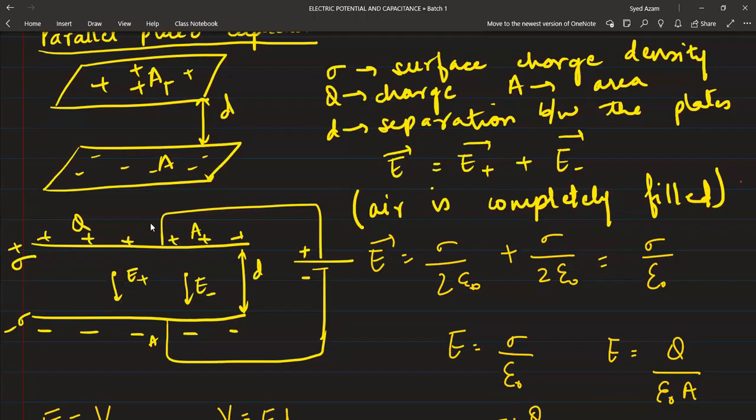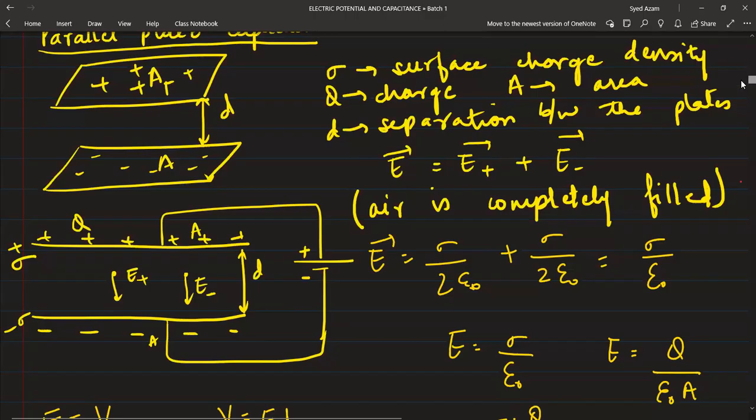So two parallel plates are there with electric field E. Now, in Gauss theorem, you must have studied that electric field is equal to sigma divided by 2 epsilon naught. So for one plate you have sigma by 2 epsilon naught, and for the second plate it will be sigma by 2 epsilon naught. When you add them, the net electric field becomes sigma by epsilon naught.